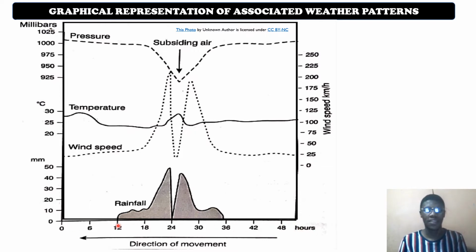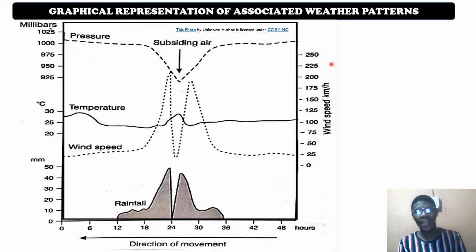We have 0 hours, 6 hours, 12 hours, 18, 24, 30, 36, 42, and 48 hours. So that's our x-axis. And then on the sides, on your y-axis, we have different features being demarcated. So on the y-axis, that is on the right, you have your wind speeds that extend from 0 kilometers per hour to 250 kilometers per hour.